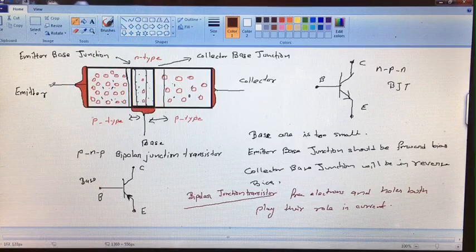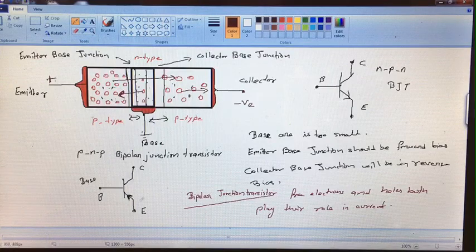And one thing: when we apply positive here, it is connected to ground respectively, and this is connected with negative. In that case, you will observe that all the holes will be repelled by the positive side, so they will move in this direction, and these holes of the collector will also move in the same direction, and electrons will move in the opposite direction.